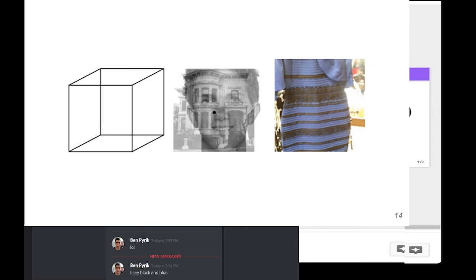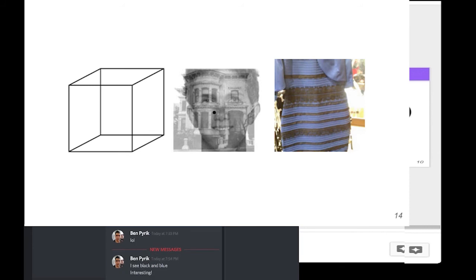Actually, there was a study with over 1,000 people. About 60% of people perceive this as blue and black, 30% perceive this as white and gold, and 10% perceive this as blue and brown. Oh, interesting.